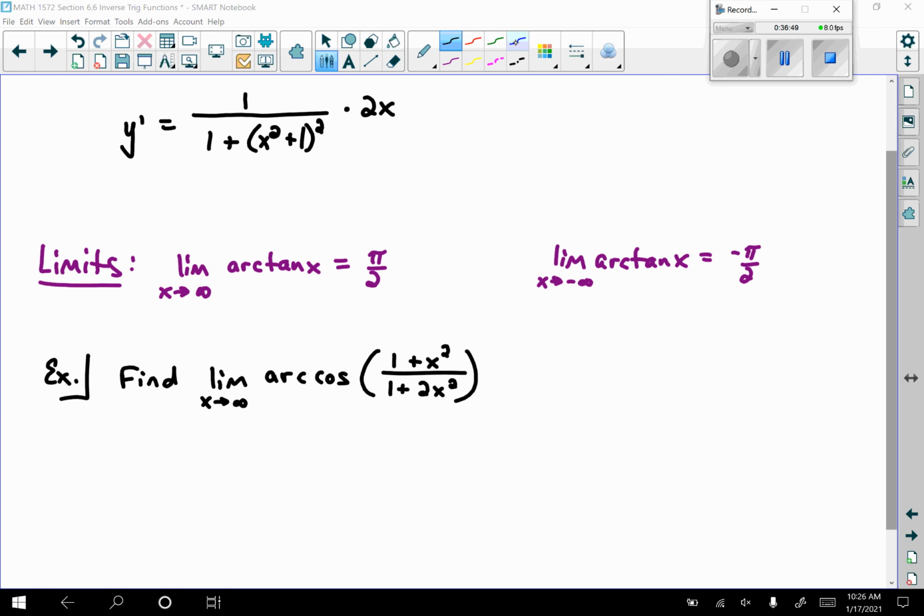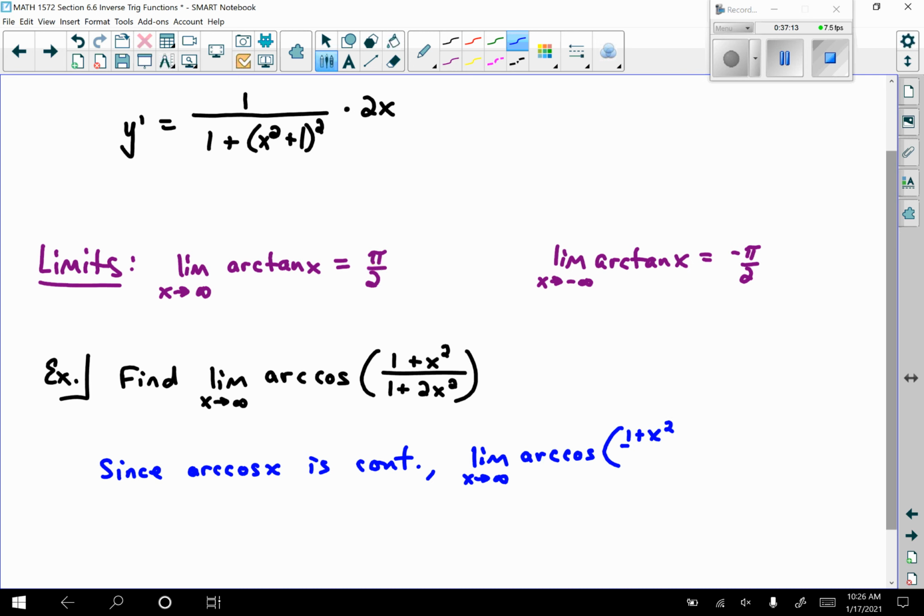Now for this, we're going to say since arc cosine is continuous, we could rewrite this as the limit as x approaches infinity of arc cosine of this quantity.